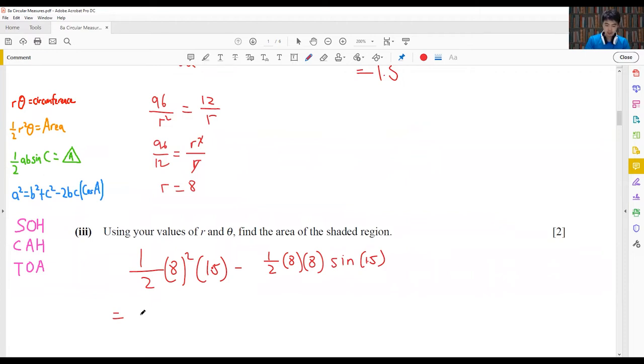So 0.5 times 8 squared times 1.5 minus 0.5 times 8 times sine 1.5. Okay, you should have gotten an answer of 16.1. Your answer for the first part should be 16.1.